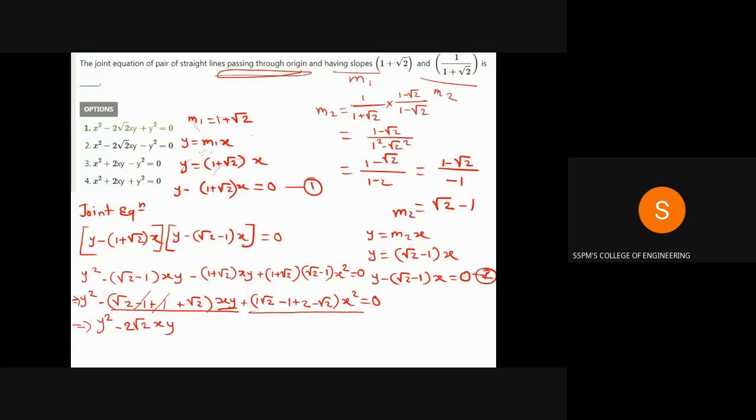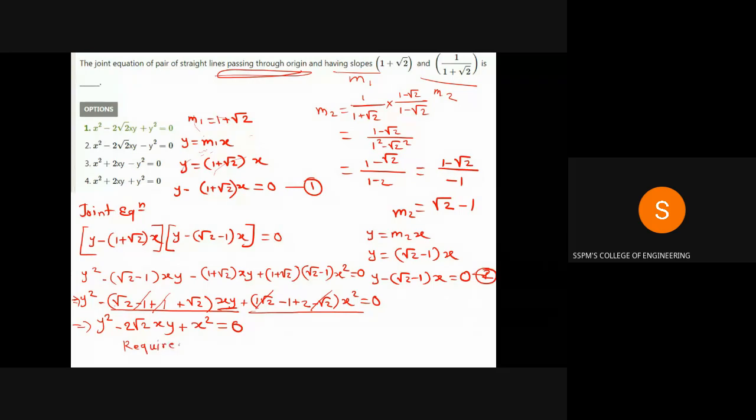In this case root 2 and minus root 2 will get cancelled, and minus 1 plus 2, sorry, 2 minus 1 is 1, that is plus x square is equal to 0.